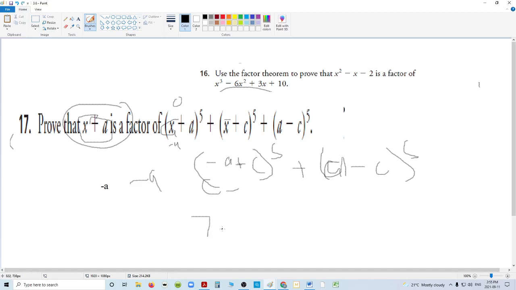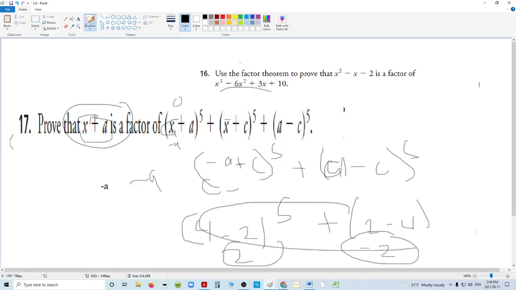Theoretically, let's do an easy one, 4 minus 2 to the power of 5 should be the opposite of 2 minus 4 to the power of 5. So here you get 2 to the power of 5, and here you get negative 2 to the power of 5. So it's quite clear when I use numbers.